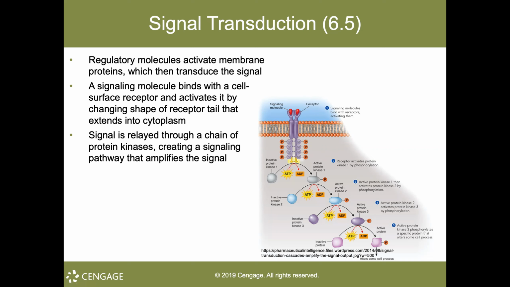What ends up happening is the signal is relayed through a chain of protein kinases to create a signaling pathway that amplifies or eventually alters some cell processes. In this image, we see that this kinase will activate another protein kinase by phosphorylation. And this protein kinase will activate another protein kinase by phosphorylation, and so on and so forth.